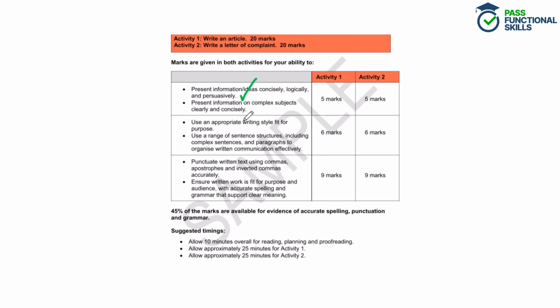So we haven't repeated anything, everything is very concise, and everything is very clear and easy for the reader to understand. We've used an appropriate writing style that is fit for the purpose, so we focused on the purpose set out in the question throughout the answer, adapting our tone and style of writing to the audience and the purpose of the text.